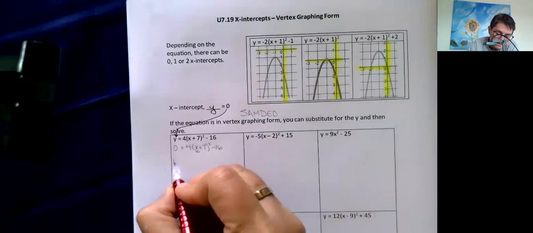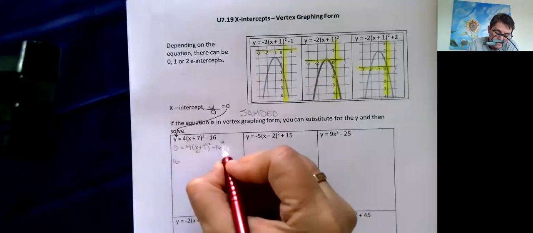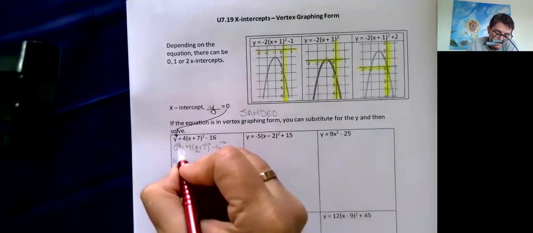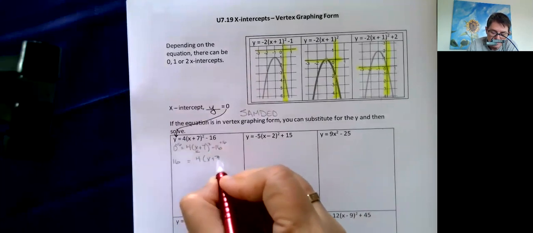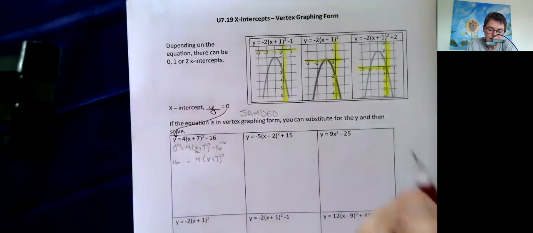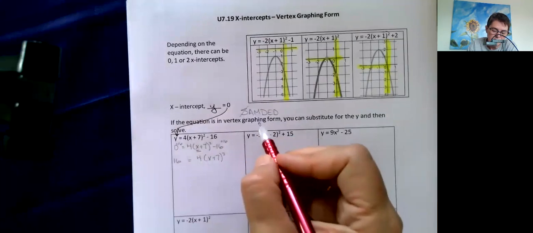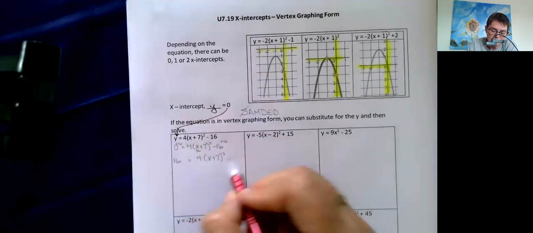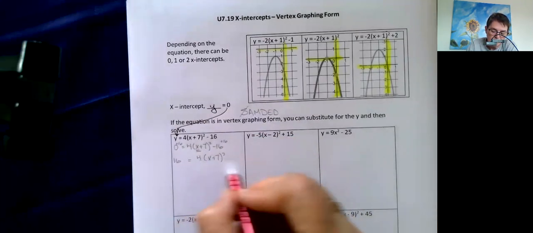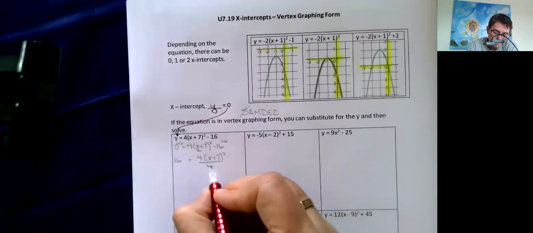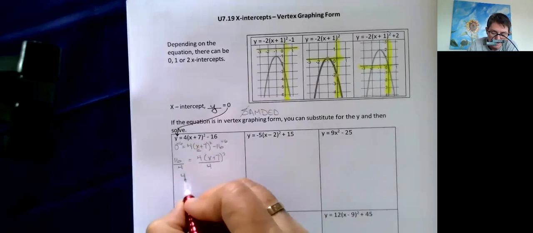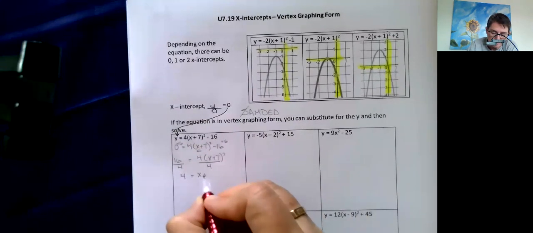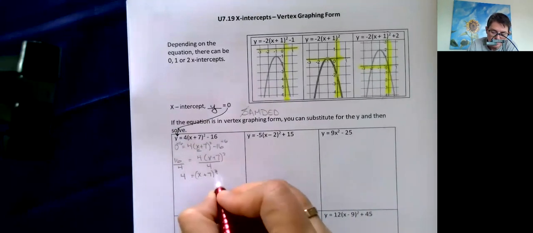So the first thing I want to do is move the 16 over to this side. So add 16, and 16 is equal to 4 times (x + 7) squared. So that was our subtraction. There's no addition left over here, but we do have multiplication, so we want to do that. So then we get 4 is equal to (x + 7) squared.